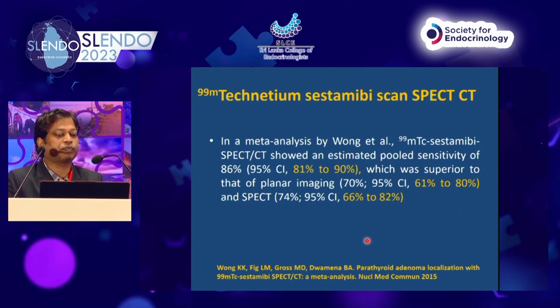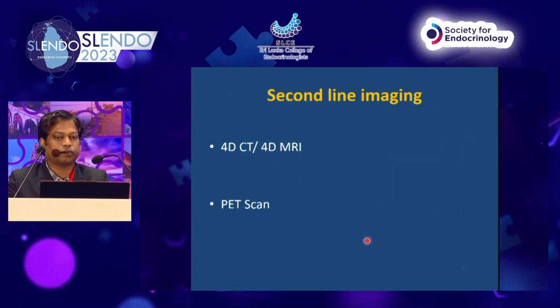So SPECT-CT is better than the planar imaging. When there is failure of ultrasound and MIBI scan, including MIBI SPECT-CT, in localizing the lesion, or there is any discordance, like suppose we are getting the parathyroid tumor on the left side in the ultrasound but the MIBI is showing the right side, then we go to the second line investigation.